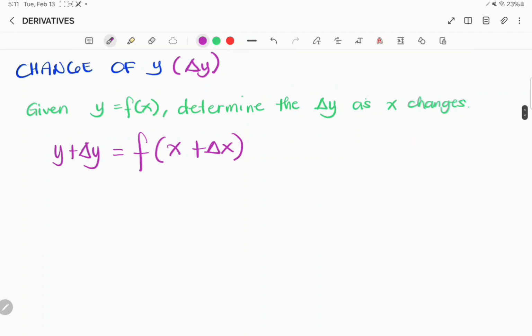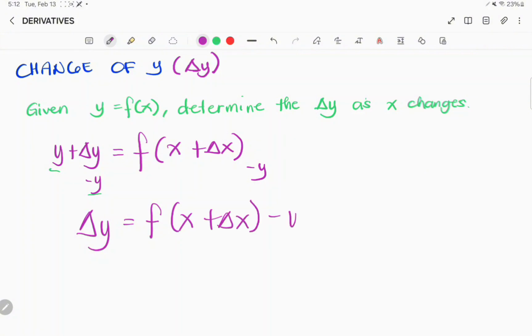Now, as we simplify this and take the value of change of y, we can use the commutative property of equality and add negative y to both sides of the equation. So we have y minus y, which is just change of y. On the other side of the equation, we have f of x plus change of x minus y.